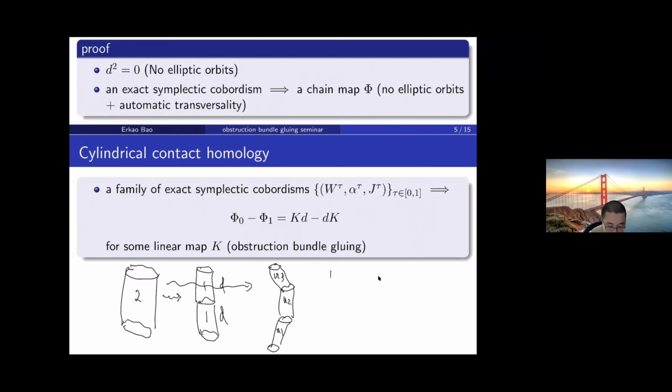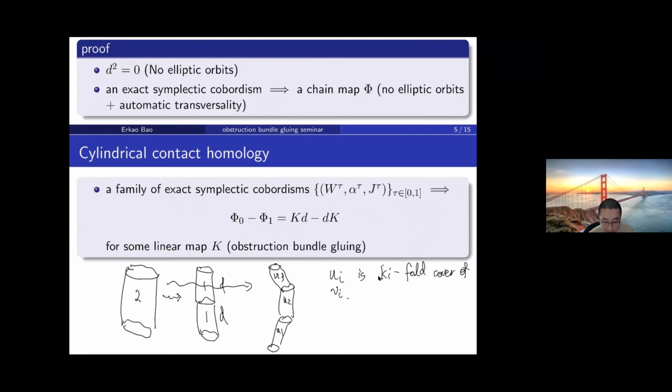Let's say U_i is a K_i-fold cover of V_i.